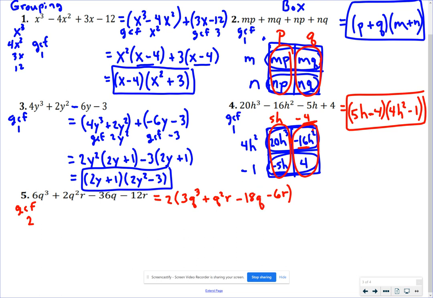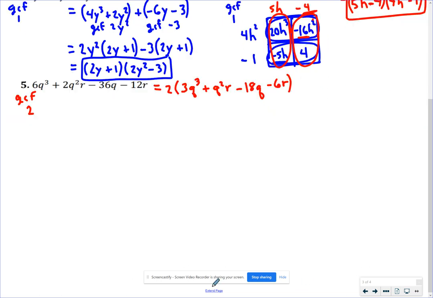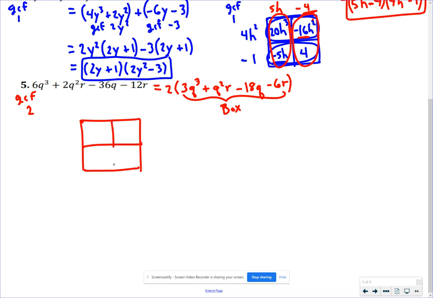And now we're going to do this one with the box, but I'm only going to do the box on this polynomial. I don't want to do the box on the original polynomial. I want to do the box after I've factored out the GCF. So I'm going to draw the box. A 2 by 2 box because there are 4 terms. Each term gets a square in the box.